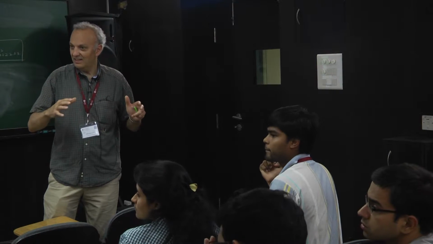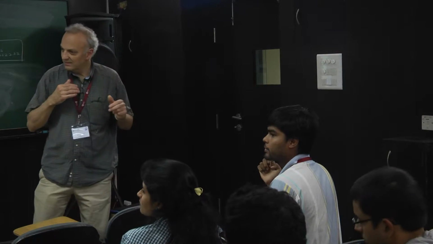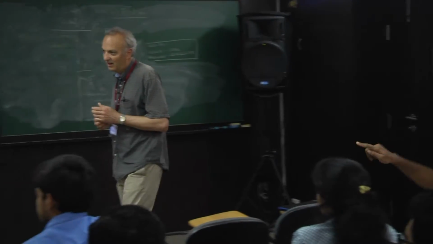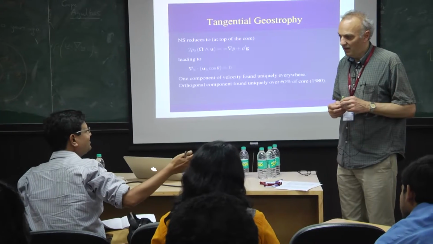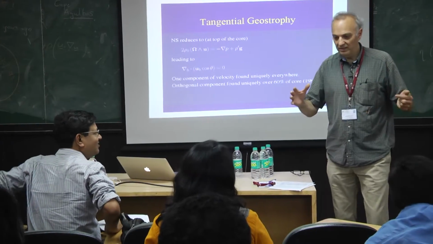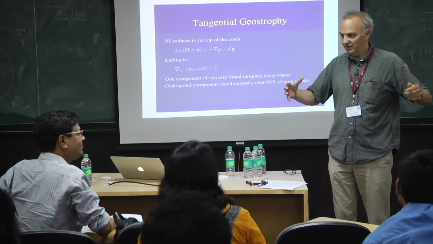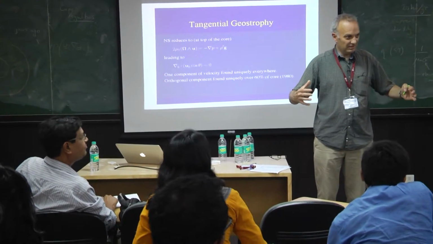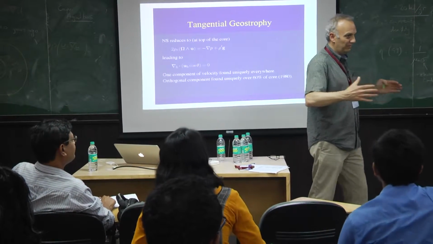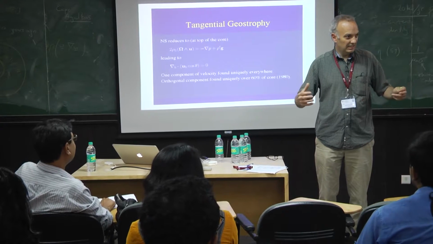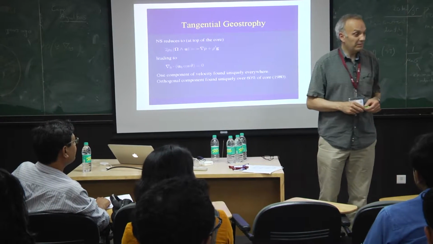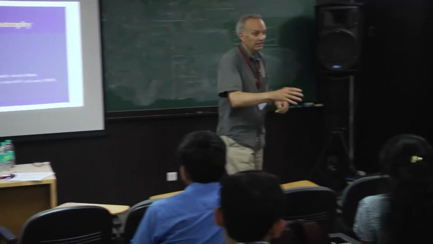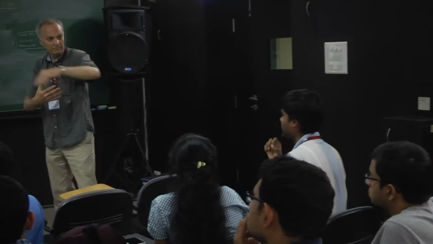I'm not quite sure what your question is, but in isolation, how do you model the rotation? Constant omega, that's what you do, in the Coriolis force. Omega is the rotation speed of the container, which is the mantle. Is it the same speed that the Earth is spinning with? Yeah, same speed that the Earth is spinning with. Just the speed of the mantle.